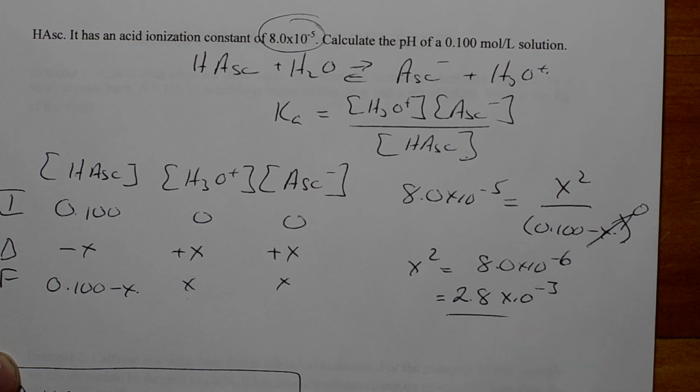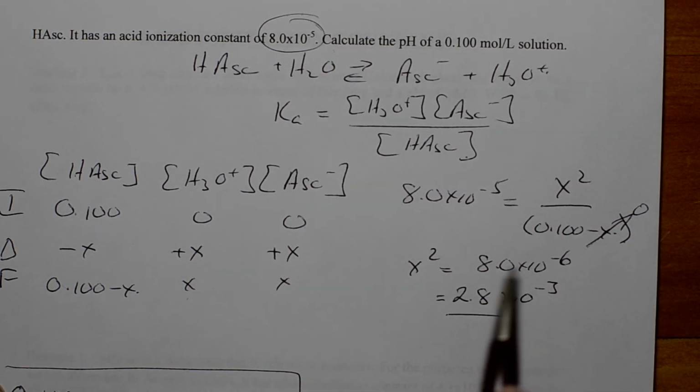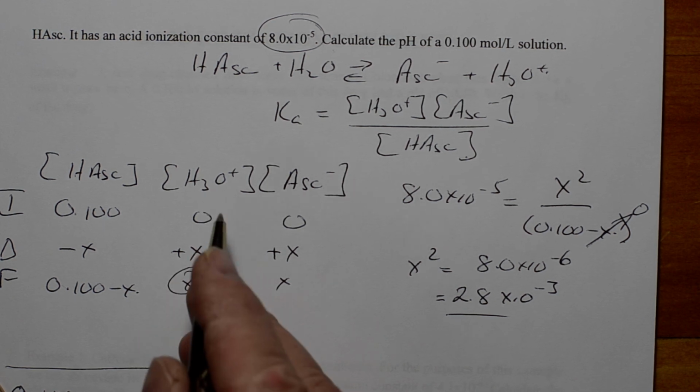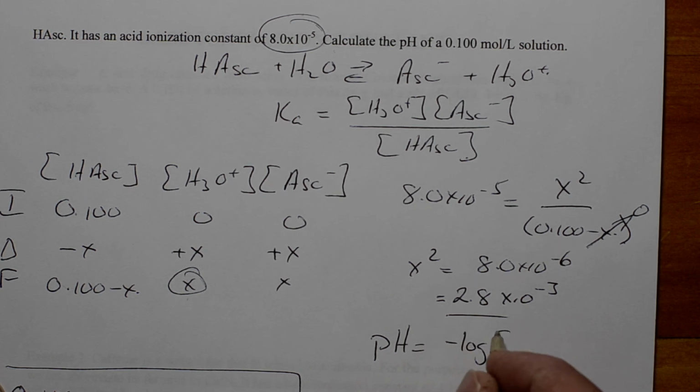And normally I would say, hey, that's great. However, it's said to calculate the pH of the solution. Okay, so the pH of the solution, we're not done yet because X is actually our hydronium ion concentration. I would encourage you to keep writing this equation so that you memorize it.